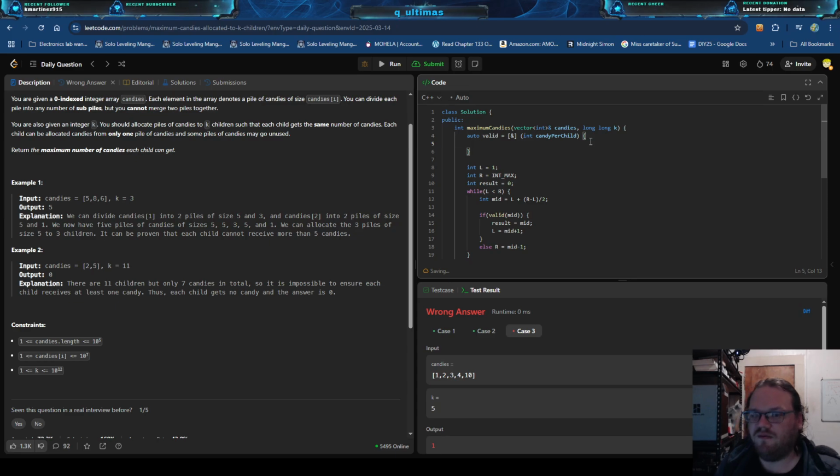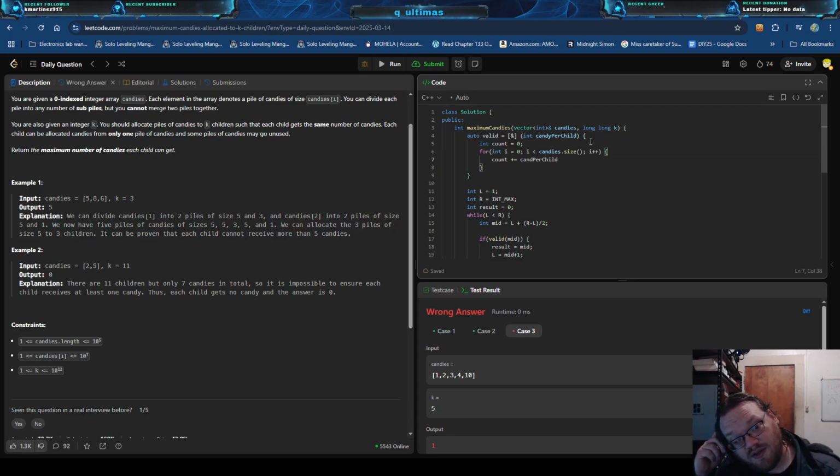So if I go int count equals 0, or int i equals 0, i less than candy dot size, count plus equals candy per child.